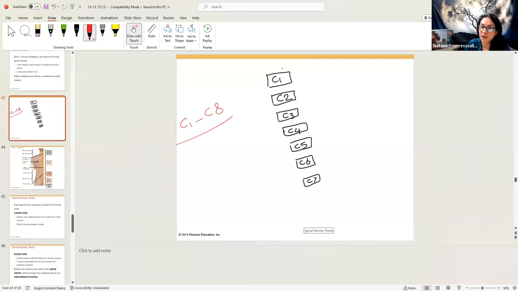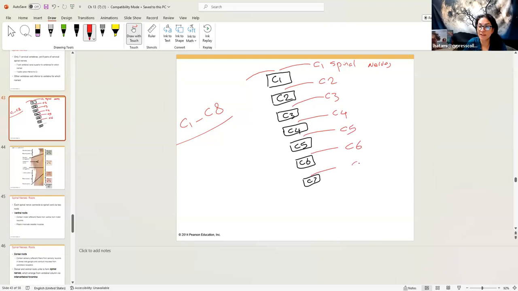The cervical spinal nerves from C1 to C7 come out above the vertebrae with the same number. For example, the C1 spinal nerve comes out above the C1 vertebra. The C2 spinal nerve comes out above C2. C3 spinal nerve comes out above C3, C4, C5, and also C6 and C7 come out above C7.